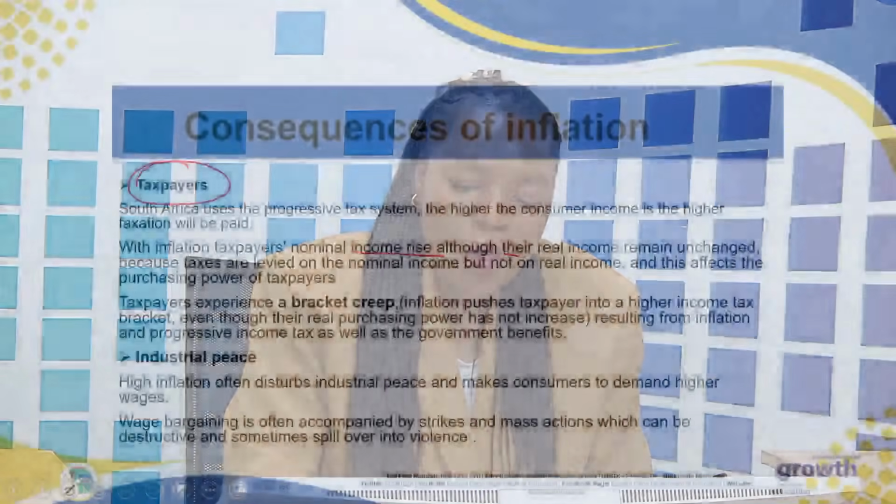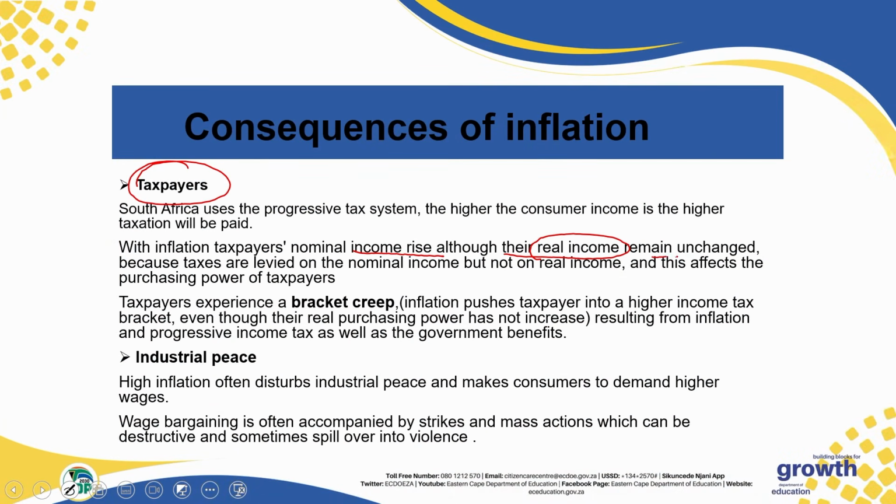With inflation, taxpayers' nominal income rises, although their real income remains unchanged. Why? Because taxes are levied on nominal income and not on real income. Therefore, this affects the purchasing power of taxpayers.